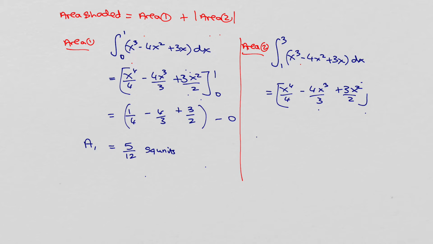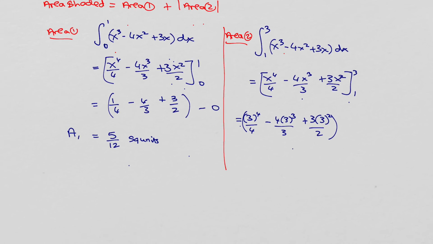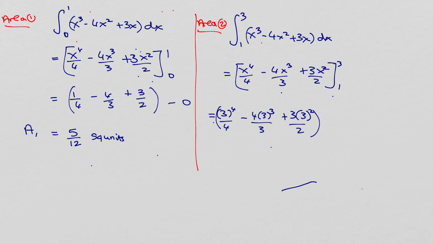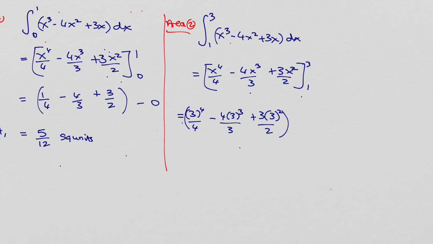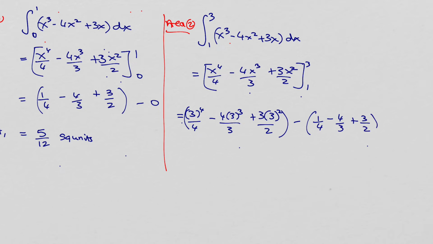So it's 3 and 1 we're subbing in. So that means wherever there's an x, I'm putting 3 this time. And then I'm subtracting. So I'm just subtracting 1 over 4 minus 4 over 3 plus 3 over 2.